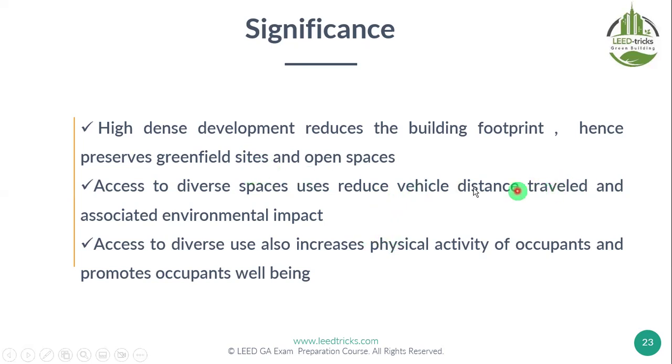We are not consuming more land. And also it will have more services. That's why this credit is surrounding density and diverse uses, and diverse uses we said is services: 10 services within half-mile distance.